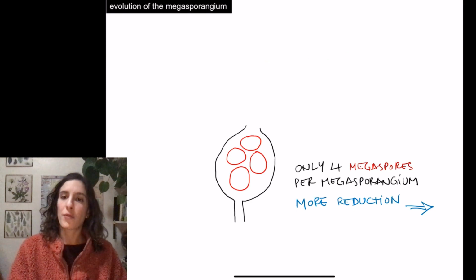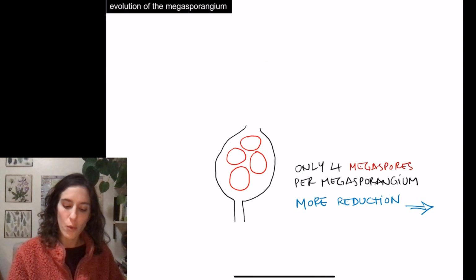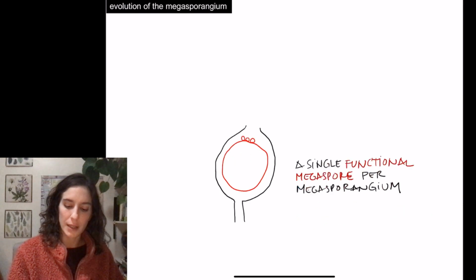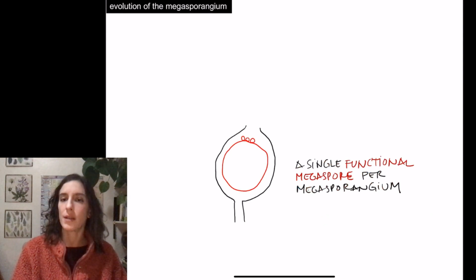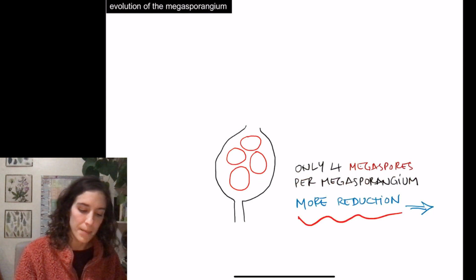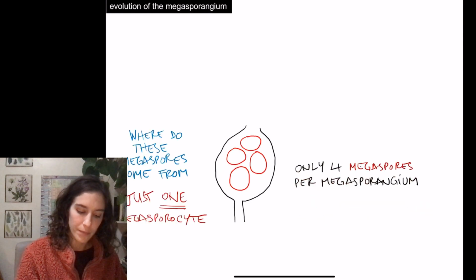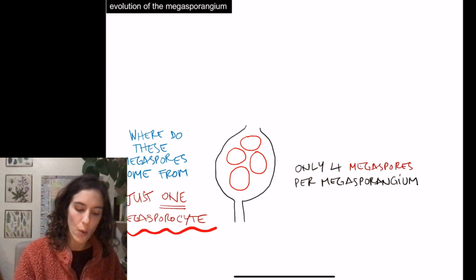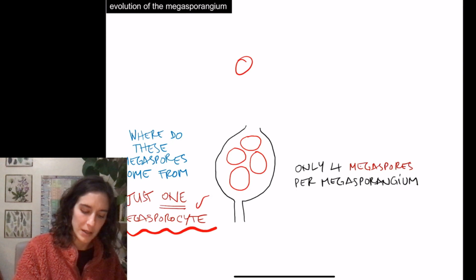Well, again, over evolutionary time, there was more reduction. And what happened was there was just a single megaspore per megasporangium. Now, you're thinking, well, megaspores are the result of meiosis, right? Going back, it was this megasporocyte, the one that I had drawn up here, I forgot to label it.